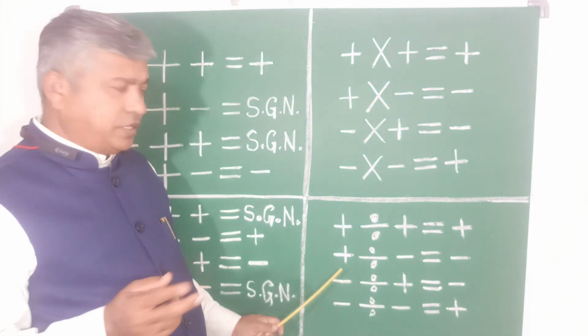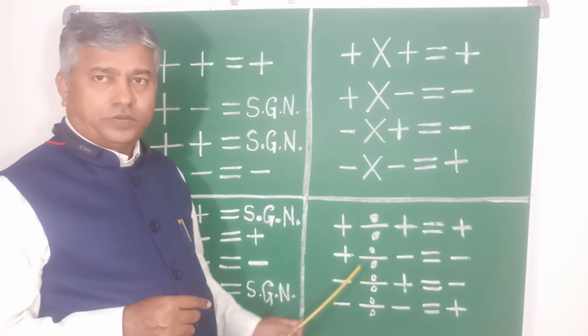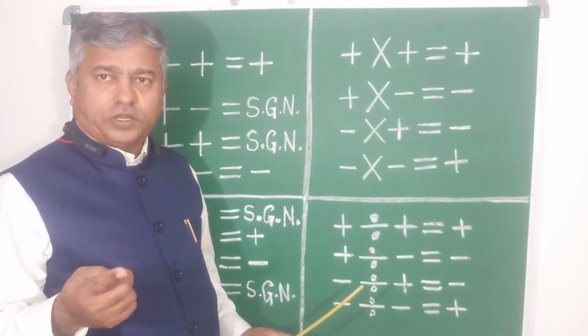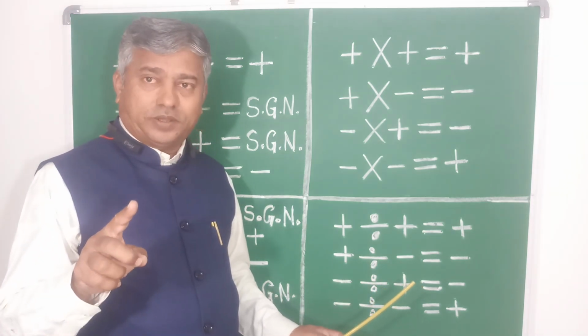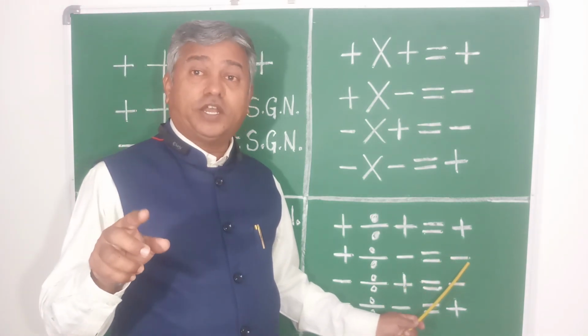Next, in the same format, the second one, the first number is positive and is divided by a negative number. That answer comes in a negative form.